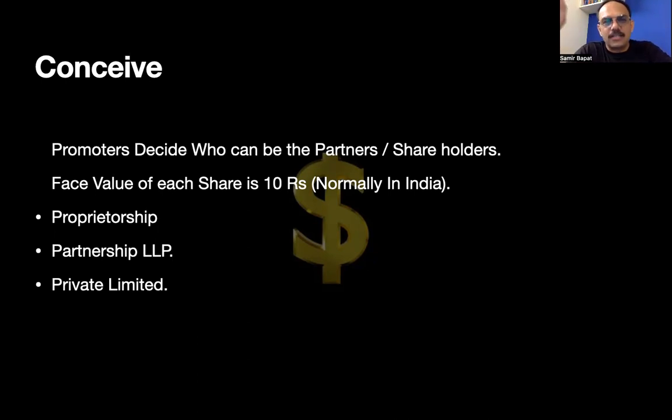That means one share of the company is said to be of 10 rupees. Since I brought in 10,000 rupees, I'll get 1,000 shares of 10 rupees each. My partner got 10,000 rupees, so he'll get 1,000 shares. Let's say if I'm bringing 10,000, my partner is bringing 20,000. I will get 1,000 shares of 10 rupees each. He will get 2,000 of 10 rupees.